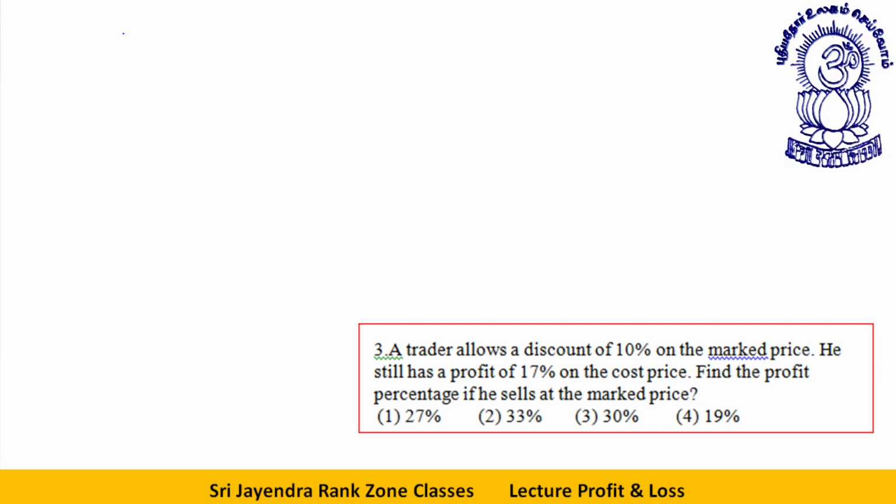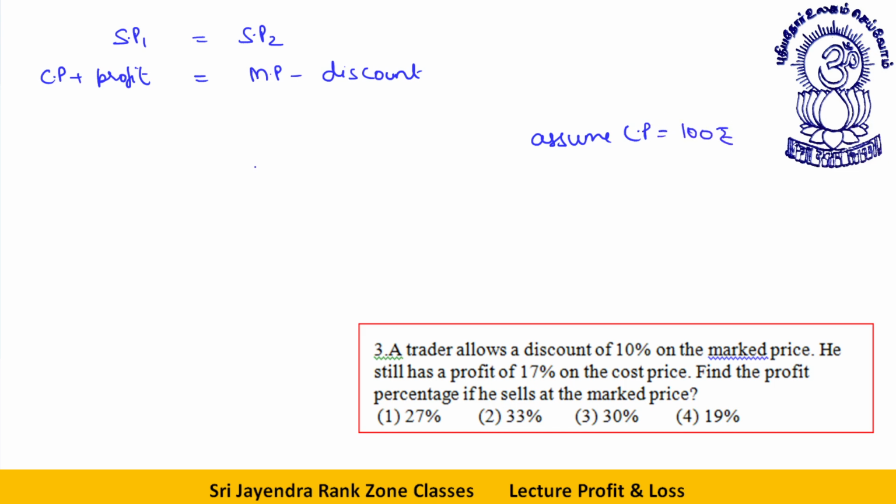See, I told you SP1 is equal to SP2. What is the method one? CP plus profit or marked price minus discount. Let's assume CP is equal to 100. Since no rupees are involved, I can assume 100 rupees. CP is 100.